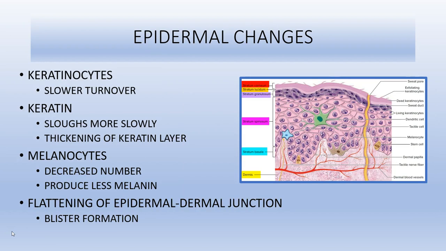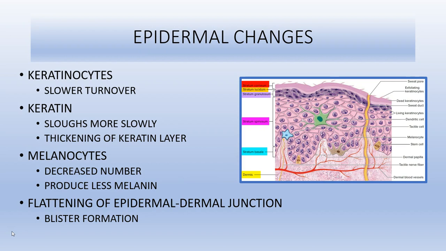Looking at this in a more histologic, a more gross manner, the keratinocytes show slower turnover and reproduction. The keratin that's present sloughs more slowly, so that we are aware that many of our elderly patients have a thickening of the keratin layer, oftentimes requiring some type of superficial or professional debridement or the use of agents such as keratolytics.